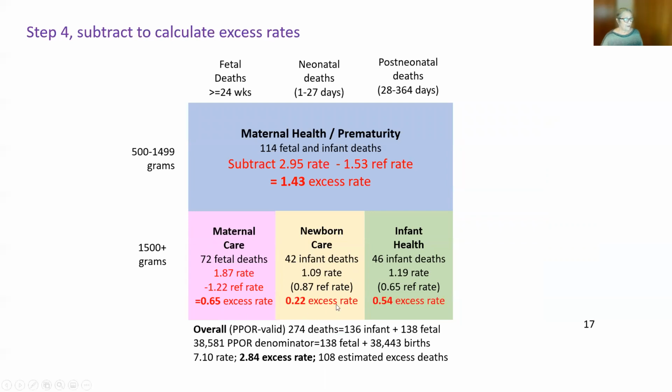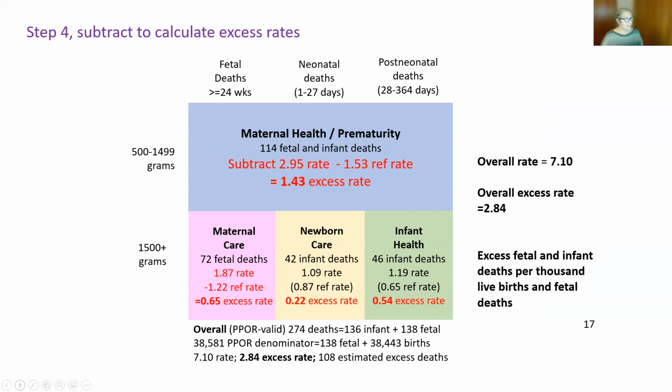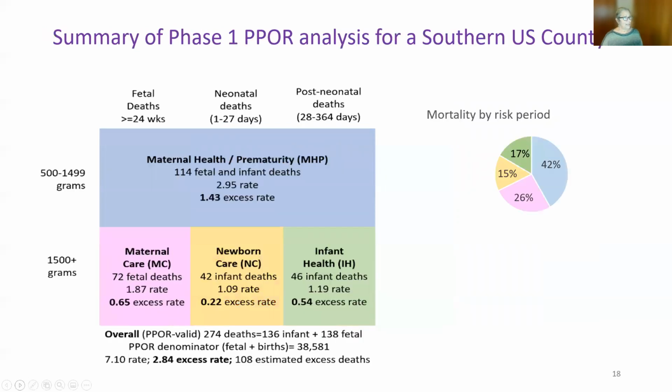The same method for all of these, and these excess rates add up to the overall excess rate. And you can make a pie chart to summarize. The mortality rates are here, and then the excess mortality rates are in the next chart on the bottom.